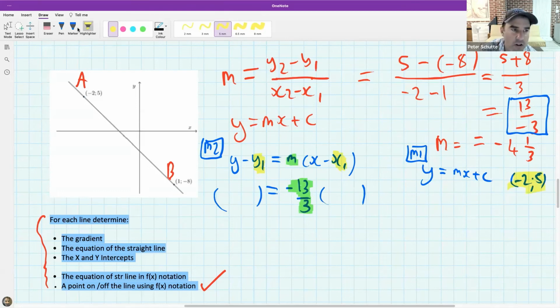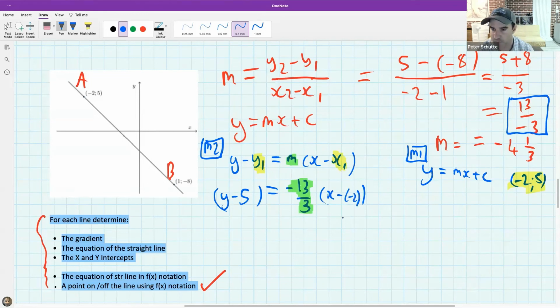And now in method 2, I do need my point, and I need to be careful because I'm actually going to have, okay, y minus 5 is all good, but then the x is going to be minus 2. And I suspect a couple of students might get caught out by that minus 2. And also, don't be afraid of your calculator, especially when you get fractions.